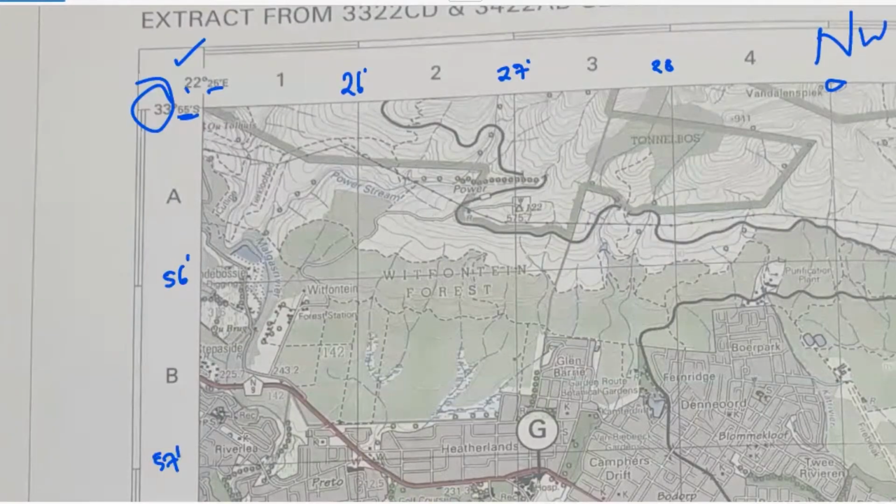Then what you can do if you want to find the value of this one, right, you can use calculations. You measure the distance of latitude and also measure the distance of longitude. What am I saying is you can measure the distance from the upper line of a minute here straight to the distance here if you want to determine your latitude.